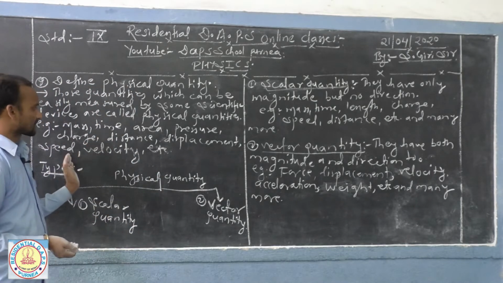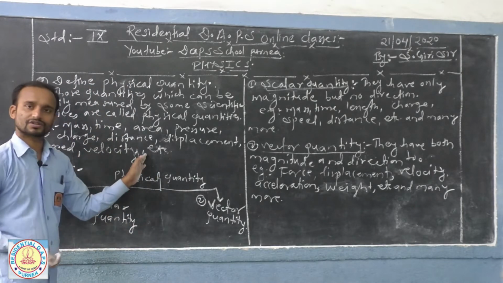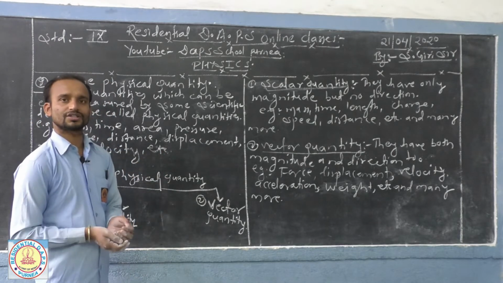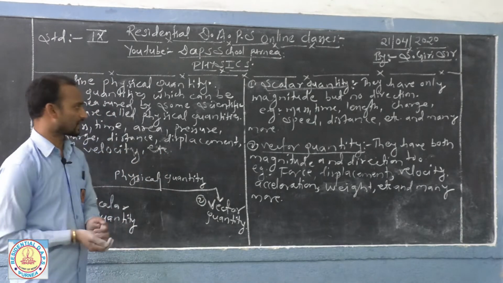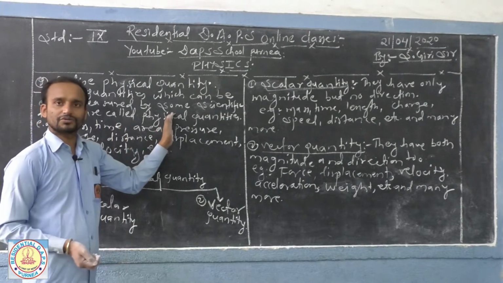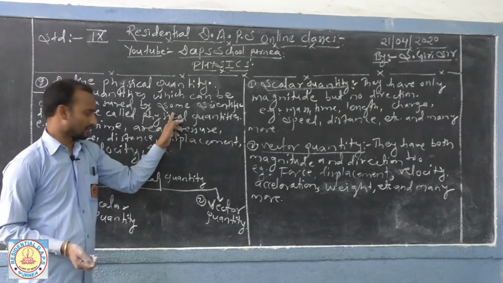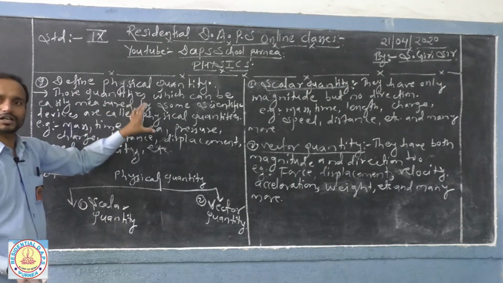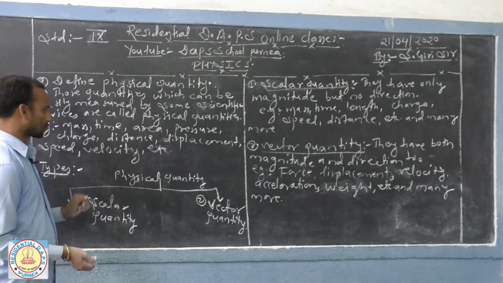All these are physical quantities. They can be easily measured using some scientific devices or tools. Simply remember that those quantities which can be measured are known as physical quantities.